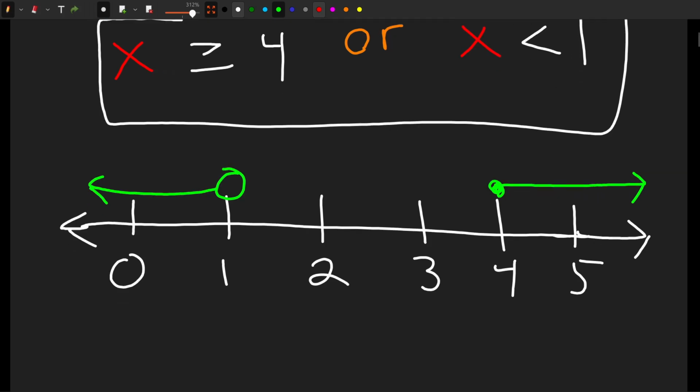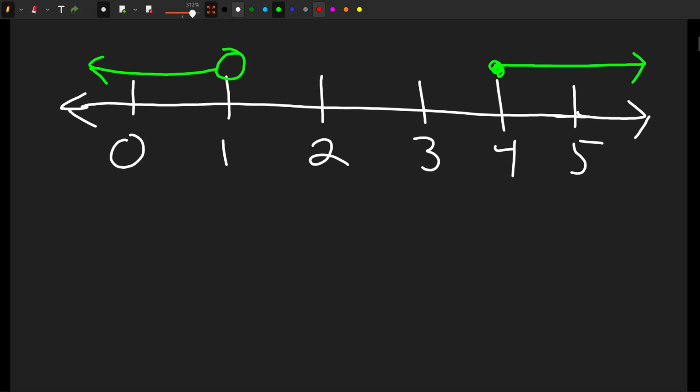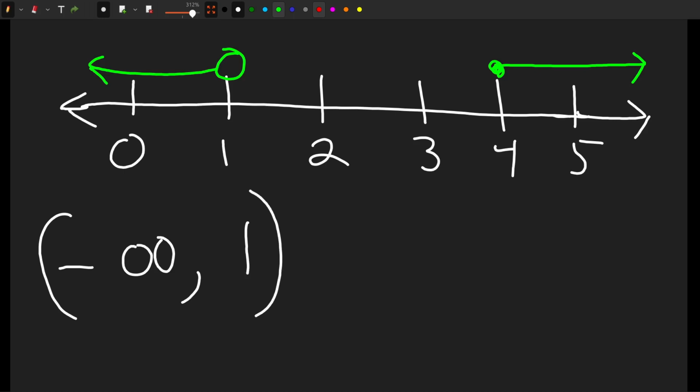A third and final way to represent our solution is using interval notation, which in this case would be from the left-hand side, our solution goes from negative infinity to 1, open brackets, because we're not including negative infinity and we're not including 1.